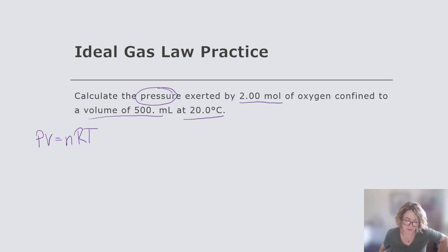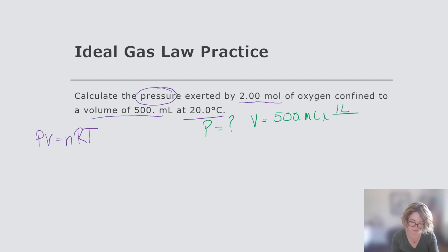Just like I've done in all the other gas laws, I want to write out all of my variables to make sure that I know where I'm going and that I have them all set up in the correct units. Pressure is what I'm looking for. Volume is in terms of milliliters, so I want to convert that to liters. That's going to be 0.500 liters. n is 2 moles.